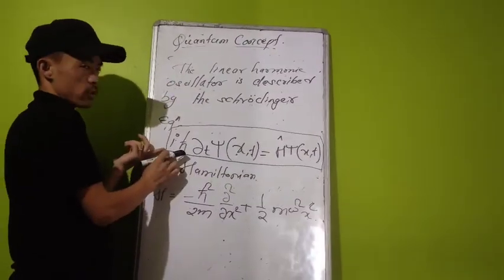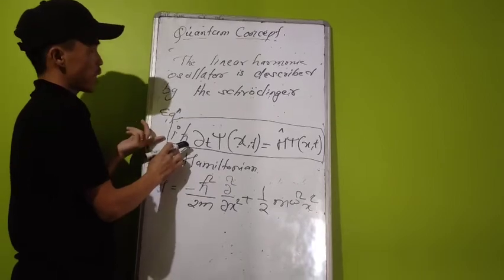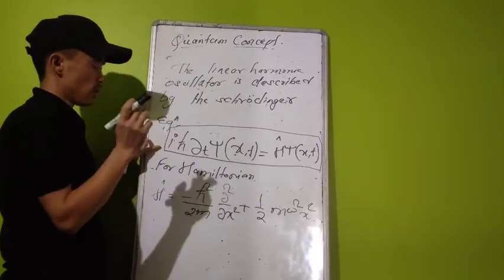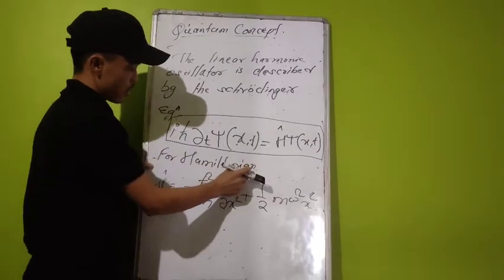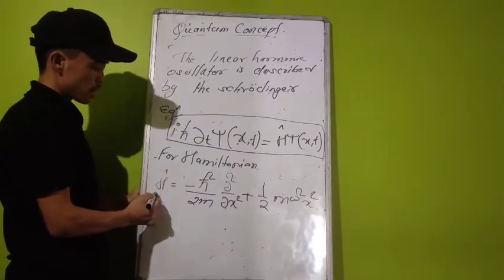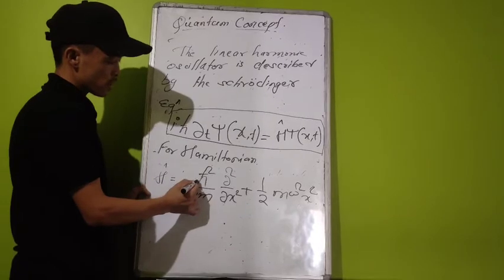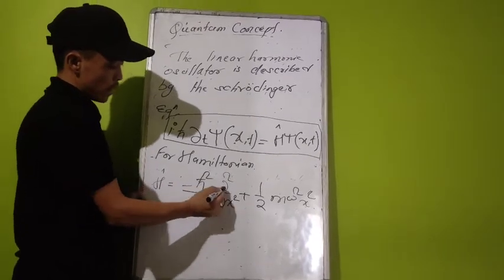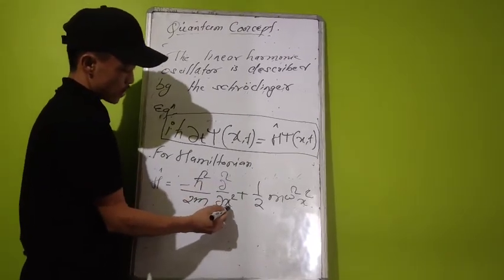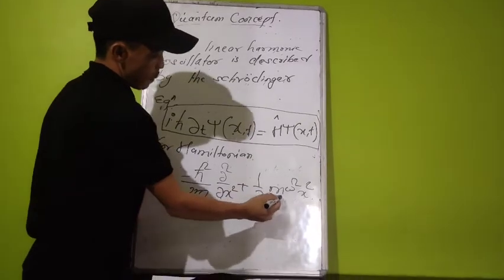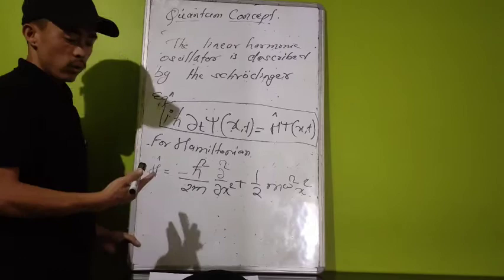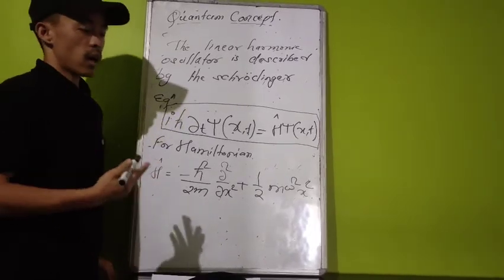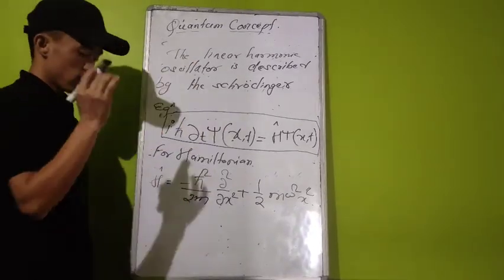This is the Schrodinger equation which describes the quantum concept of the linear harmonic oscillator. Similarly, the Hamiltonian equation gives H-hat equals minus h-bar squared by 2m del squared upon del x squared plus half m omega squared x squared. So these are the two equations which describe the linear harmonic oscillator in the quantum concept.